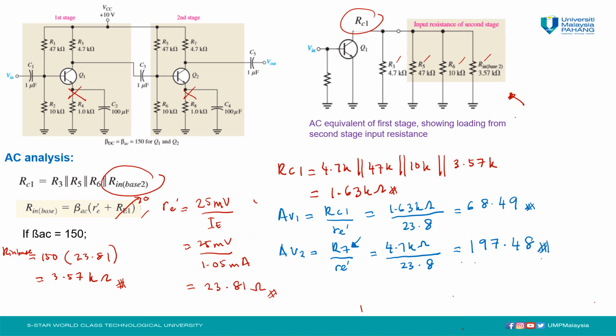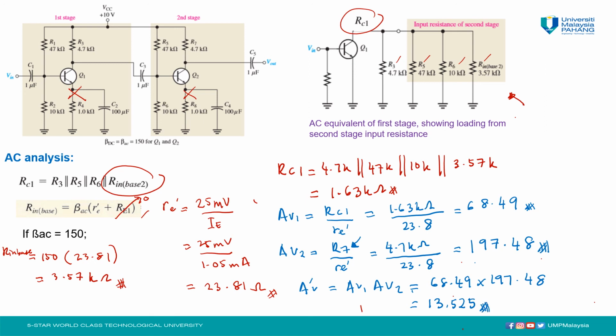For the overall voltage gain, it is given by AV prime equals AV1 times AV2. So we will get 68.49 times 197.48, which gives 13,525.